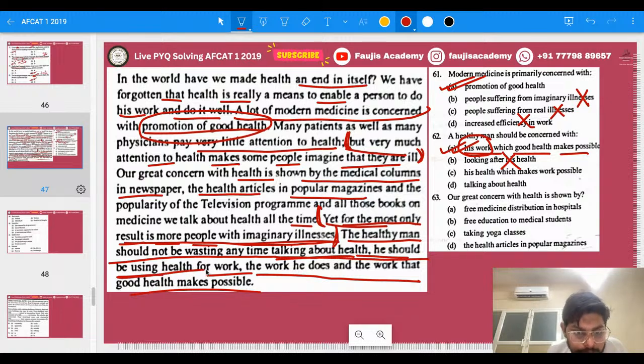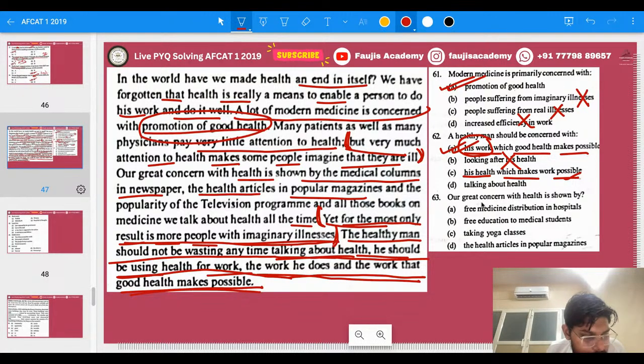He should be using health for work, the work he does, and the work that good health makes possible. You might ask me, sir, why not say over here his health which makes the work possible? The healthy man should focus on his work, because he is already healthy, so he need not be concerned with his health.